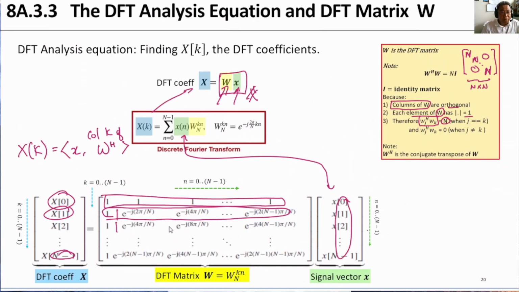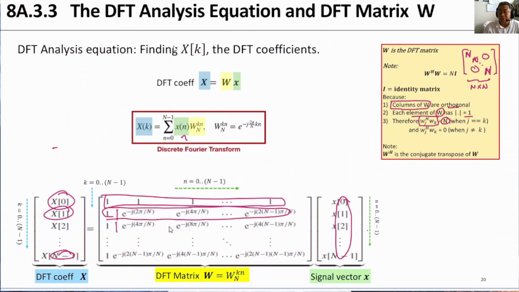We're almost done, so let's very quickly recap. This is the important slide for the DFT analysis equation. In the DFT analysis, we give the system x, the discrete time sequence, as a vector in R^N. We left multiply it by W, which is an N by N complex matrix.